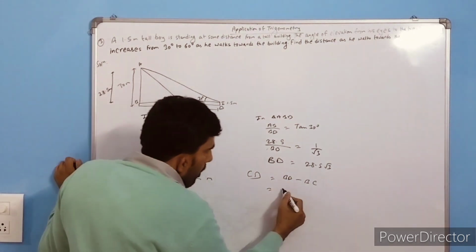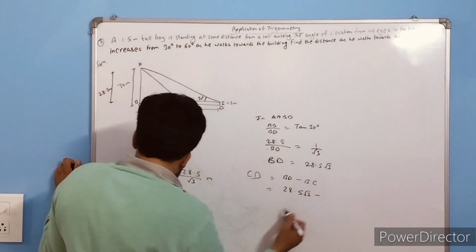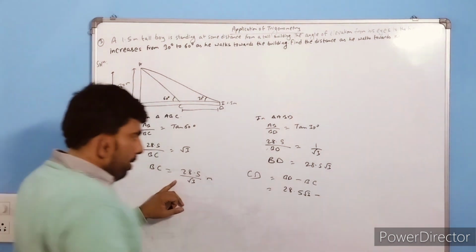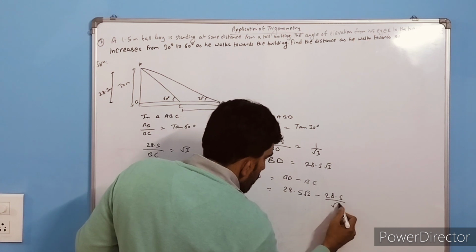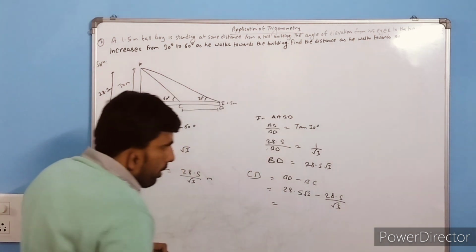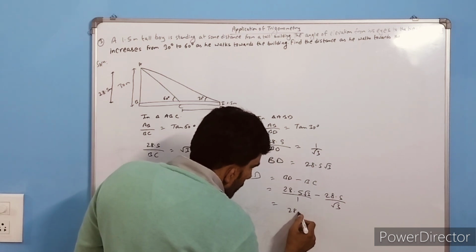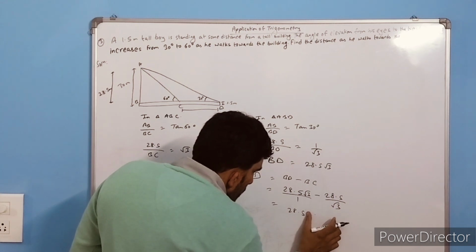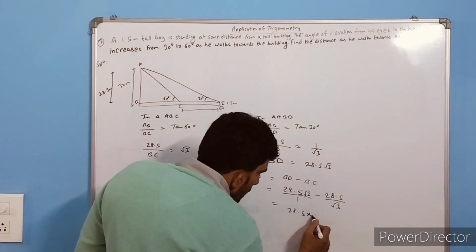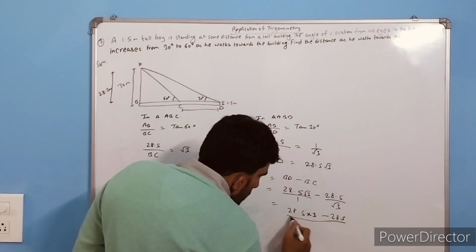So BD I got 28.5 root 3, minus BC, which is 28.5 upon root 3. So what can I do here? Just take an LCM.